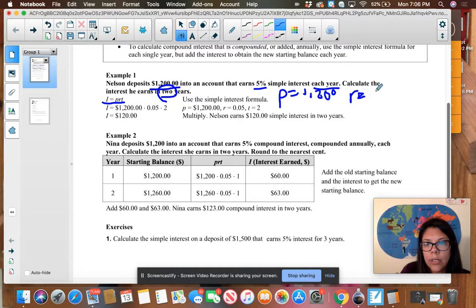The rate is 5%, but we want to change that to a decimal. So 2 spaces to the left, and that becomes 0.05.